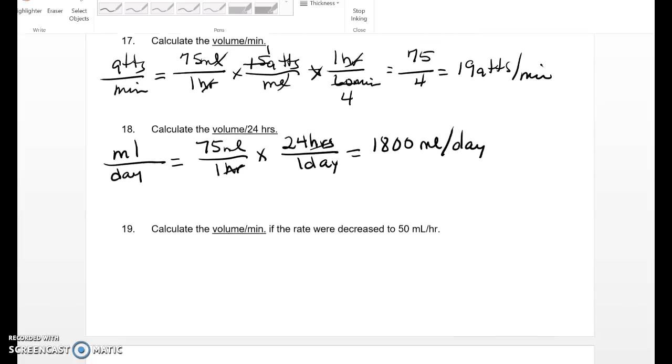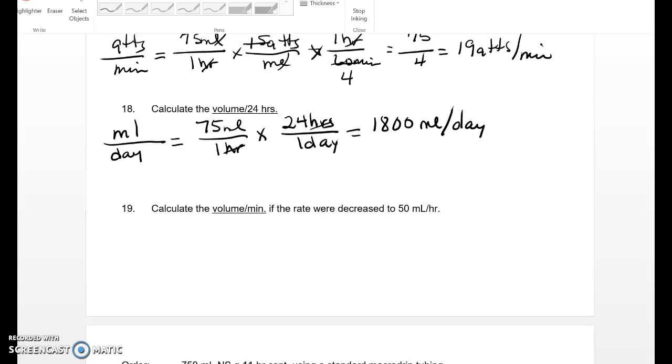So then the next question is just asking us to calculate the volume per minute if it's reduced down to 50 milliliters per hour. So we're looking again for drops per minute.